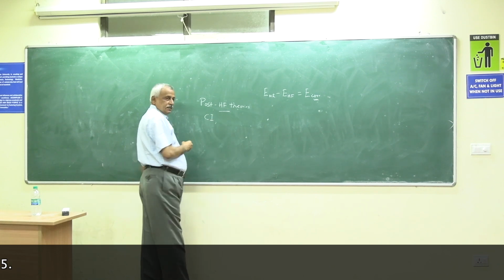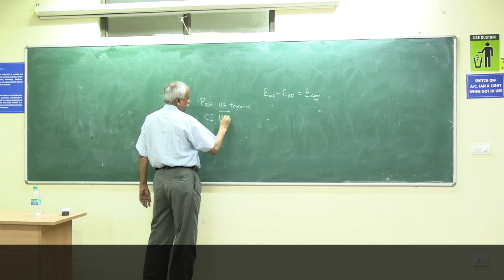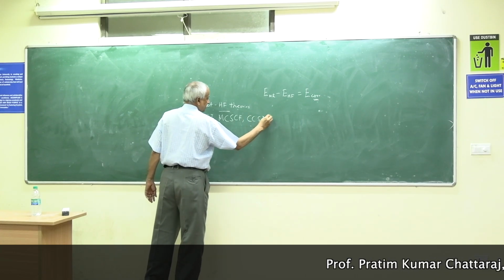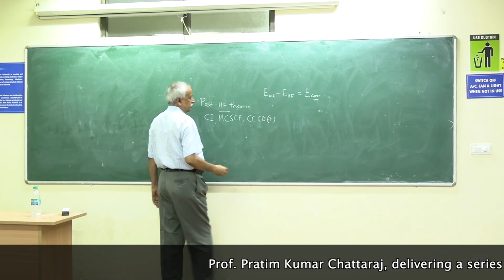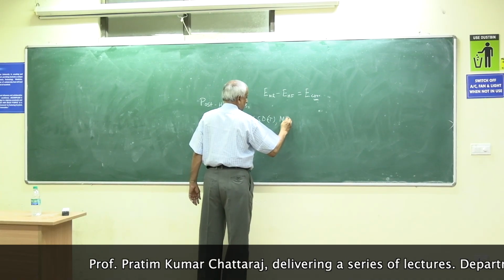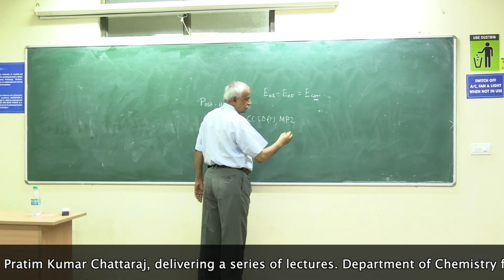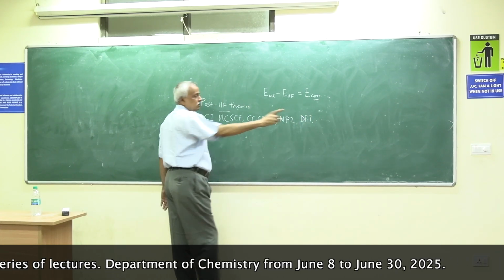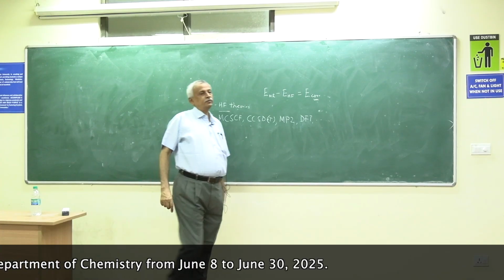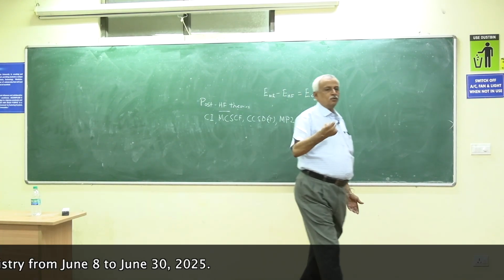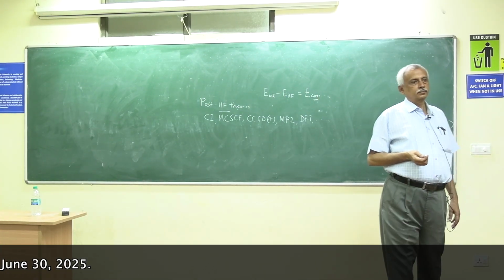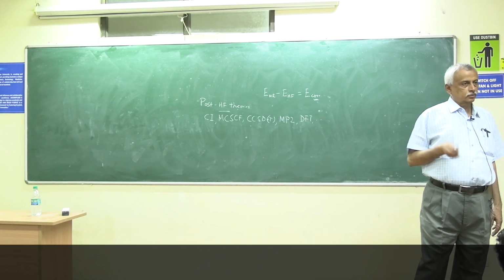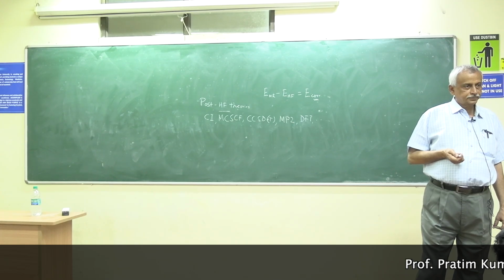This is called configuration interaction, multi-configuration self-consistent field, coupled cluster with singles and doubles and triples for the energy calculation. Then you have Møller-Plesset series MP2, MP3, MP4, etc. You have DFT. So these are all post-Hartree-Fock theories. Some amount of correlation is there in all of them. Some are highly correlated, some are a little bit correlated, but they are all post-Hartree-Fock theories.